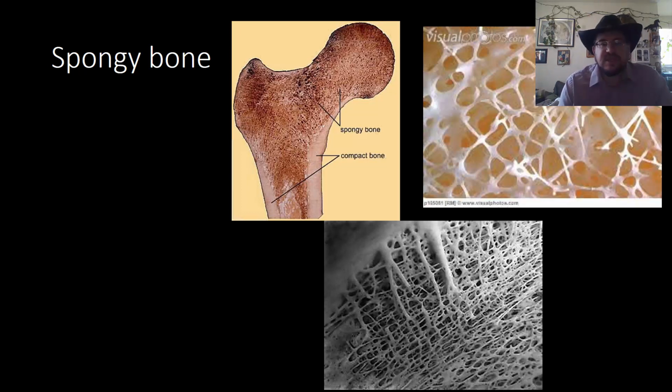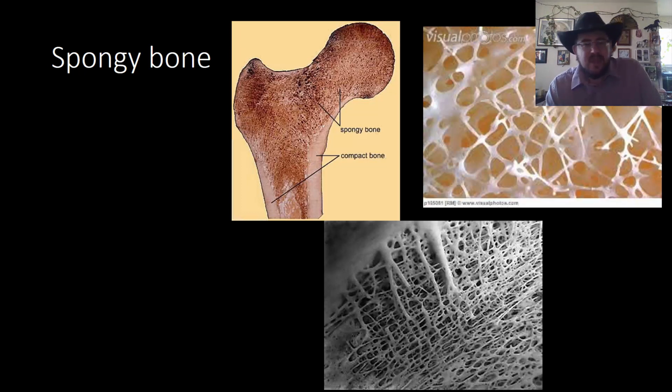So right here you can see in my picture, this is a femur, right? This part right here is where it connects up to your pelvis, right? So my femur connects into my pelvis, and this little circular head is what joints up there.